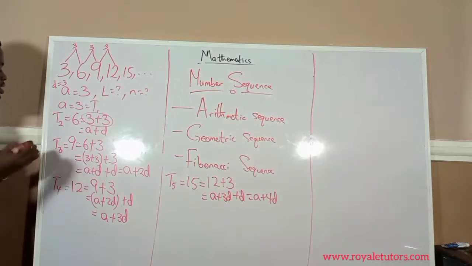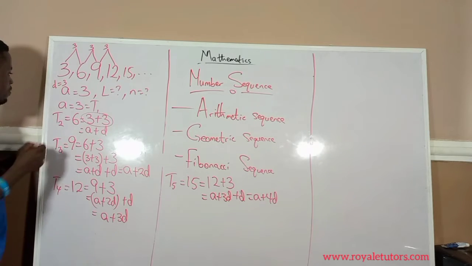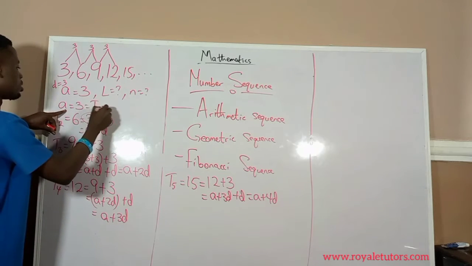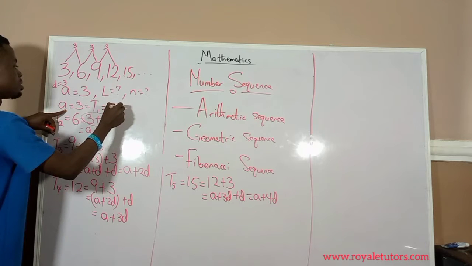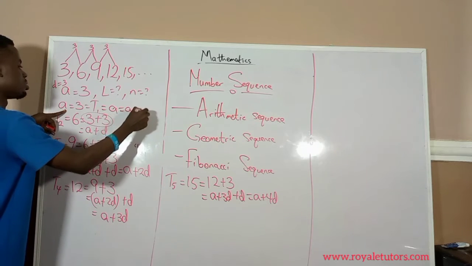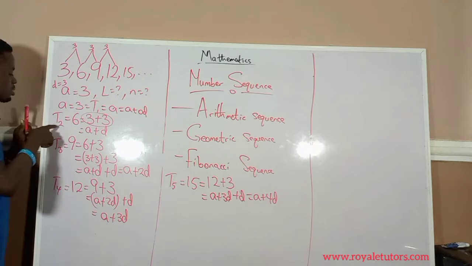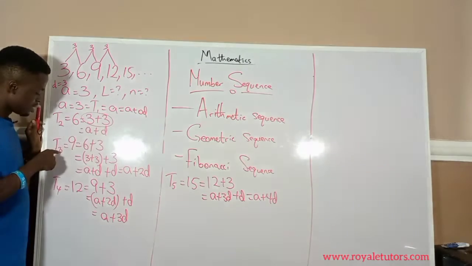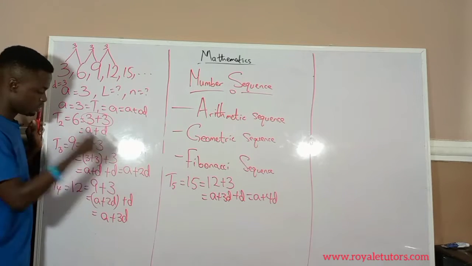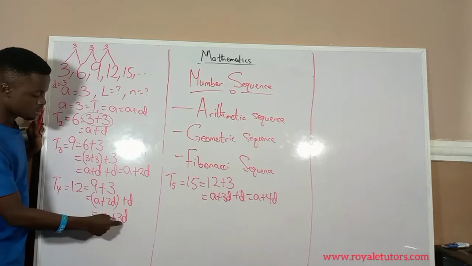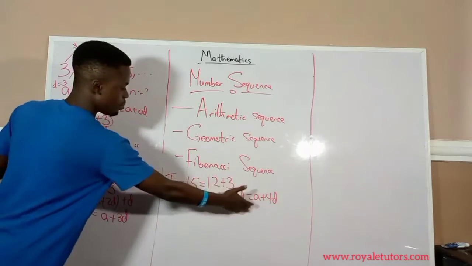Okay, if you watch it, there is a kind of pattern. The first term is equal to a, which at the same time can be written as a plus 0d. The second term is a plus d, the third term is a plus 2d, the fourth term is a plus 3d, the fifth term is a plus 4d.